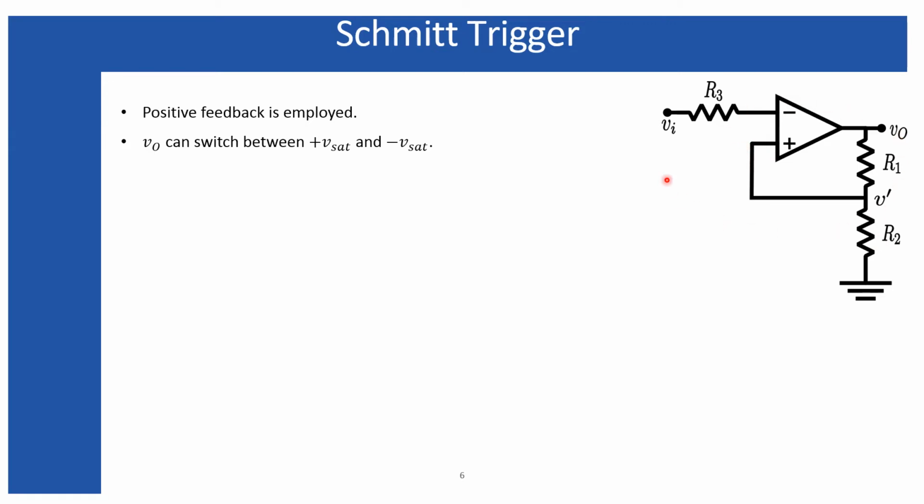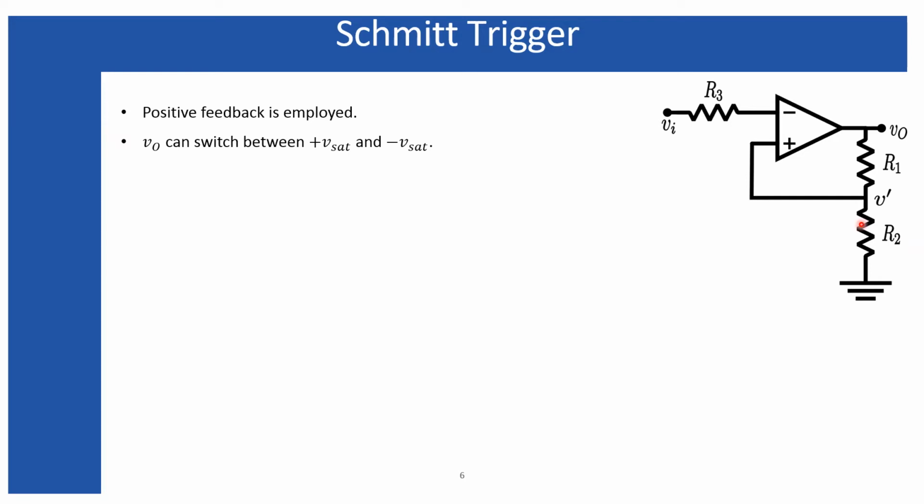Now this circuit should work as a comparator because it has positive feedback. Since this is a non-inverting terminal and no reactive elements are used over here, the phase shift from the output to the input is zero. Therefore, it is positive feedback. And as we know, positive feedback for any amplifier increases its voltage gain.